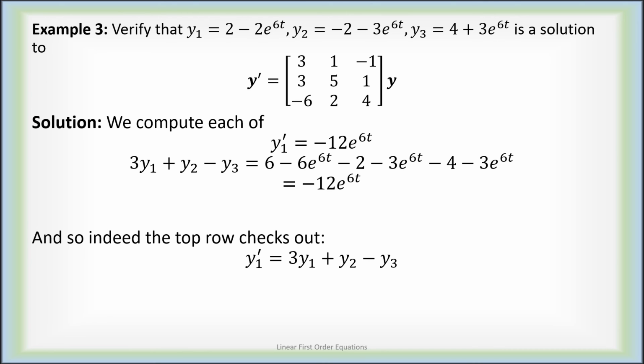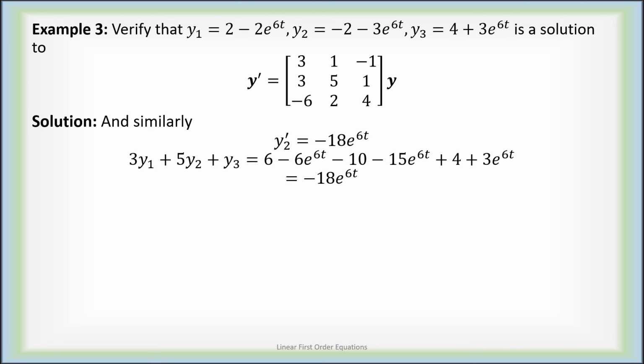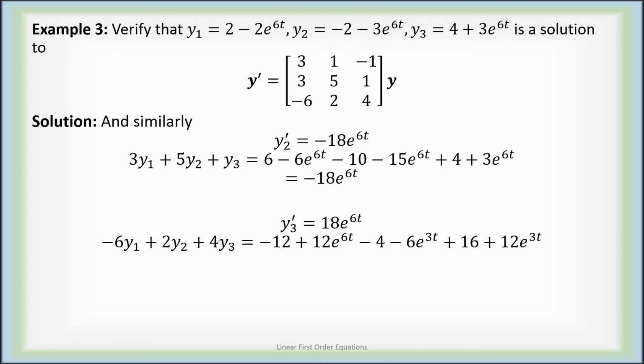It's what this matrix would have spit out for the top row on the right, and it matches y1 prime. Similarly, y2 prime can be computed according to the middle row of the matrix, and everything simplifies as it should. y2 prime really does match 3y1 plus 5y2 plus y3. Similarly, y3 prime does match negative 6y1 plus 2y2 plus 4y3.